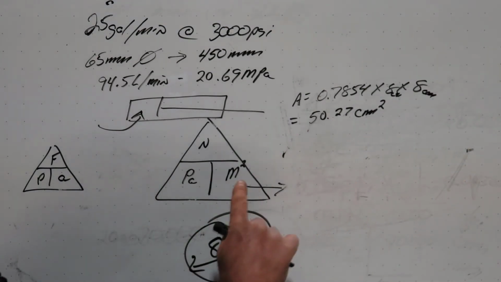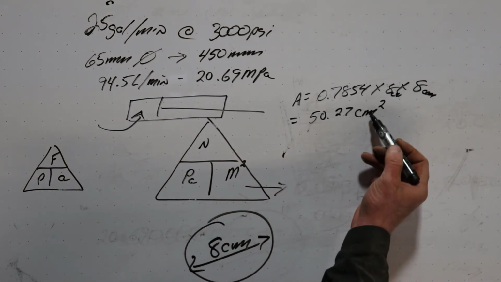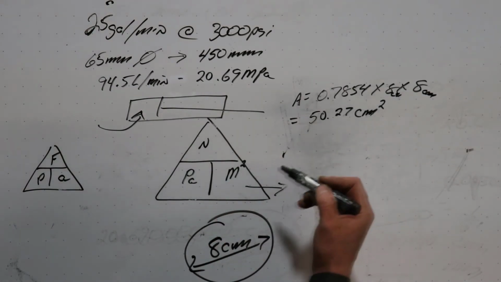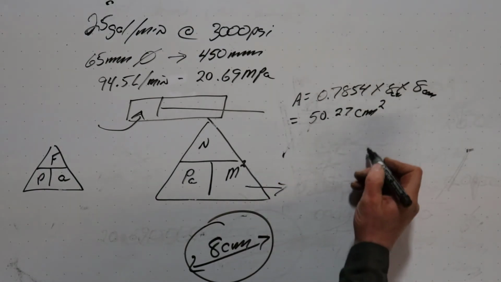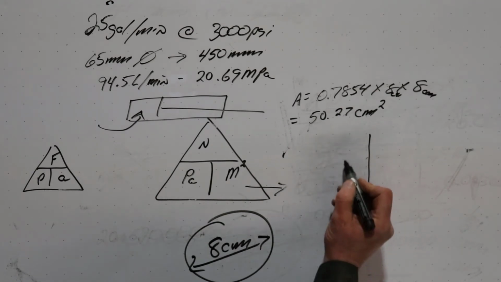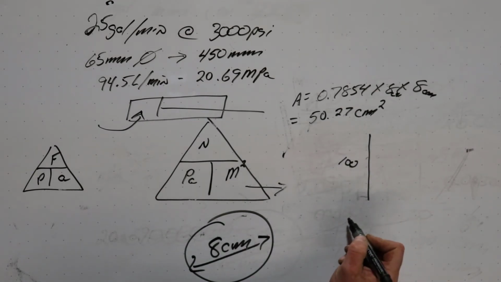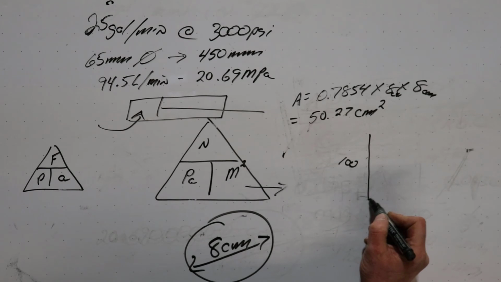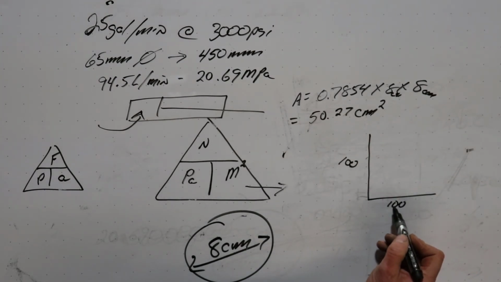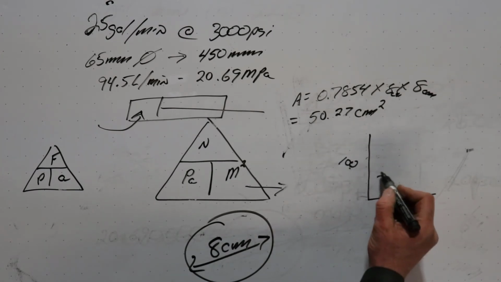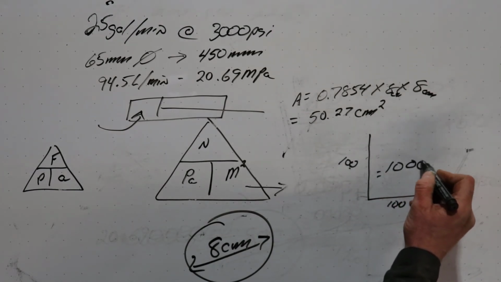Now we know we need to get into meters squared. This is where a lot of people run into problems, getting from centimeters squared to meters squared. So all I do to remember that is there is 100 centimeters in every meter. So that's 1 meter multiplied by 1 meter, which is another 100 centimeters. I go 100 times 100 equals 10,000.